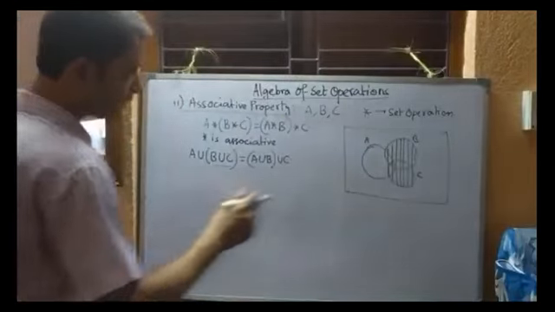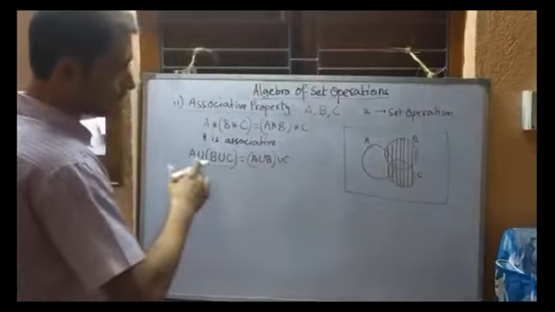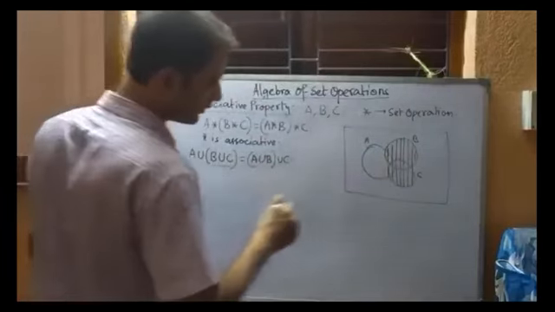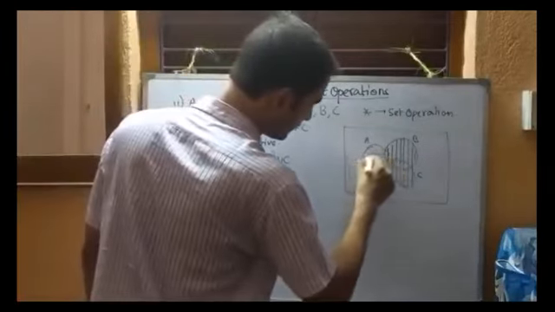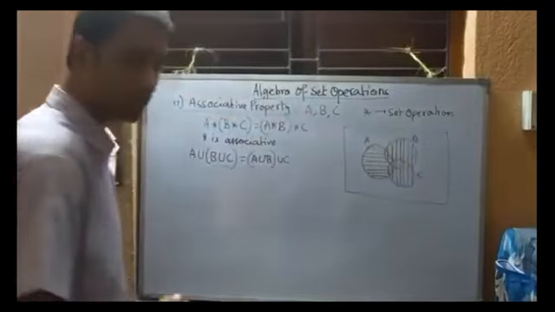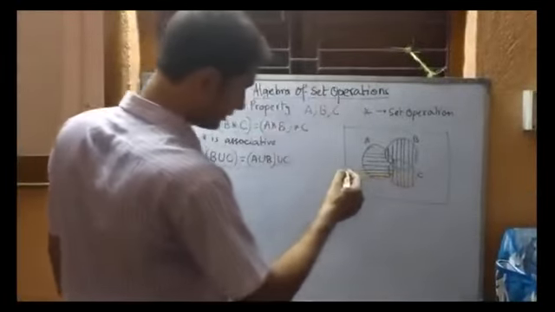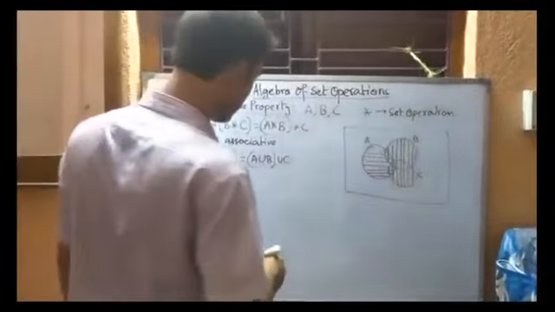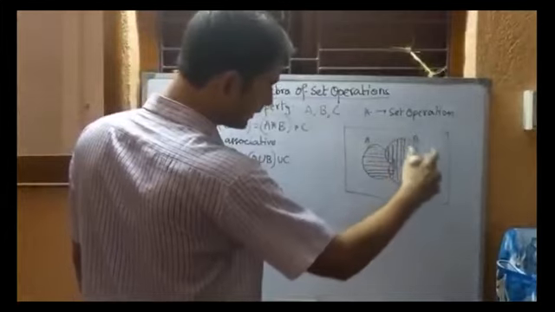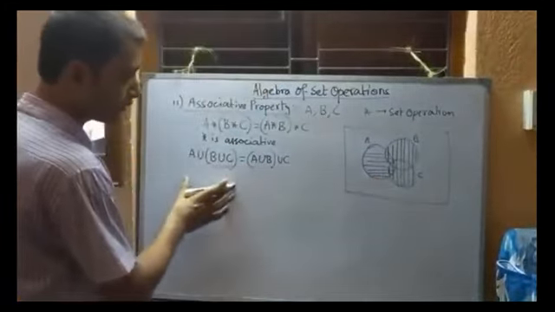And now we are taking the union with A. So this is the set A. If you take the union of B union C and A, it will give the whole region. So the whole region inside the circles will be the region for A union B union C.